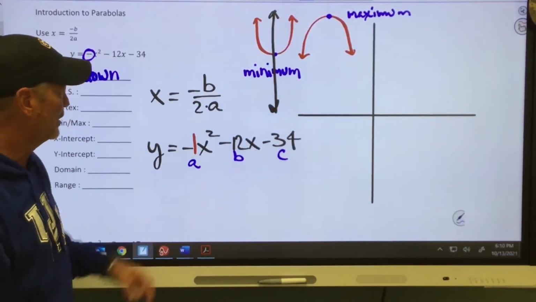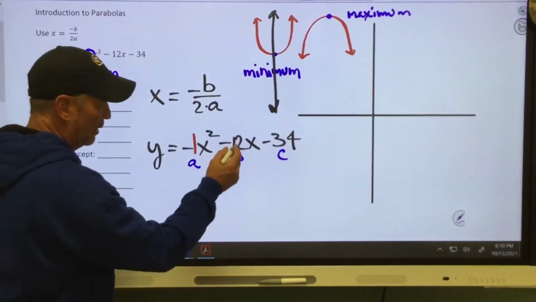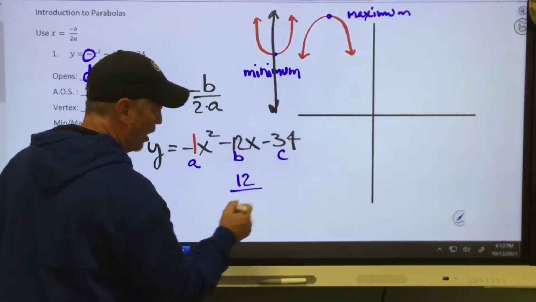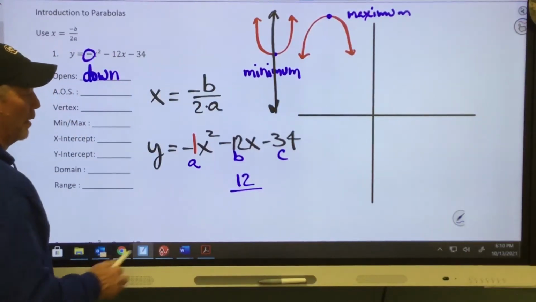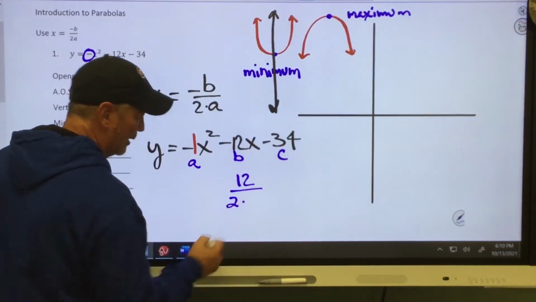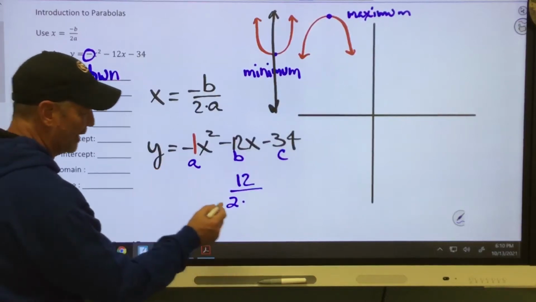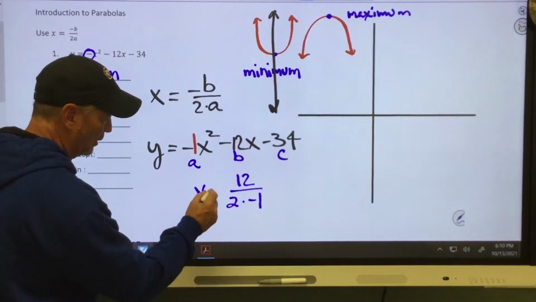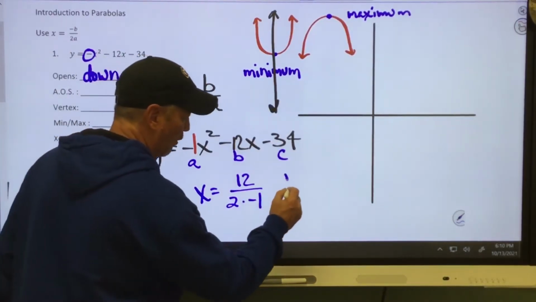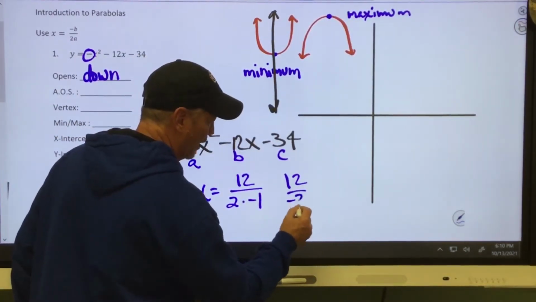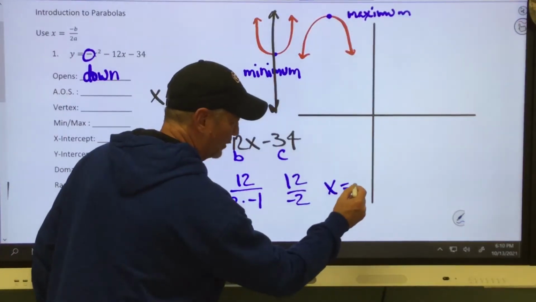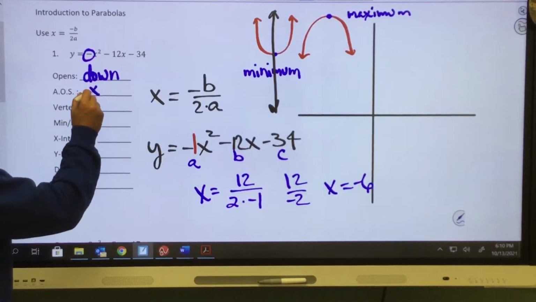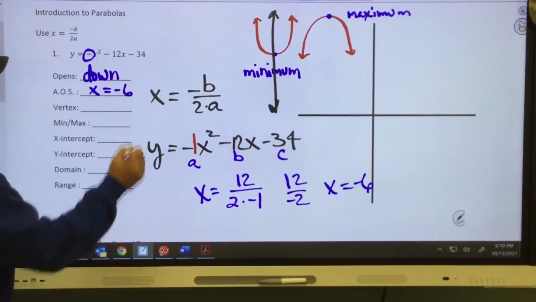So we would say the opposite of b is a positive 12, over 2 times a, which is negative 1. This is going to give me x equals 12 over negative 2, and you're going to find out that x equals negative 6. My axis of symmetry is x equals negative 6.